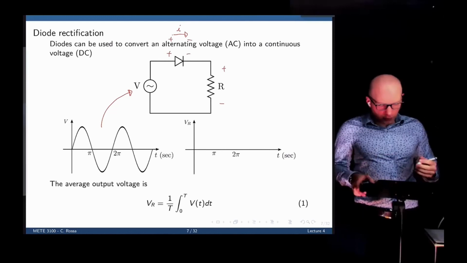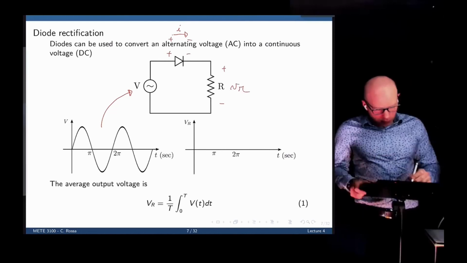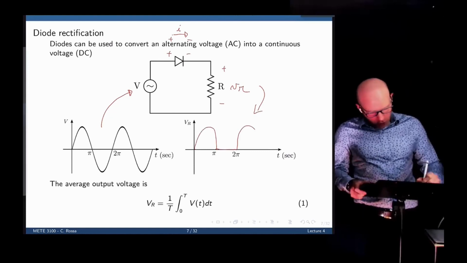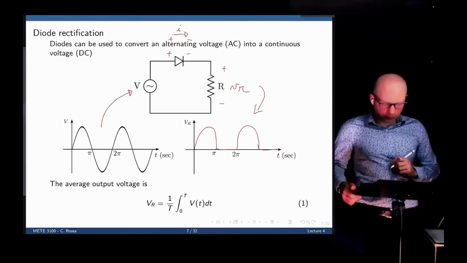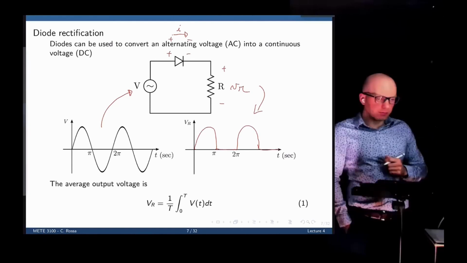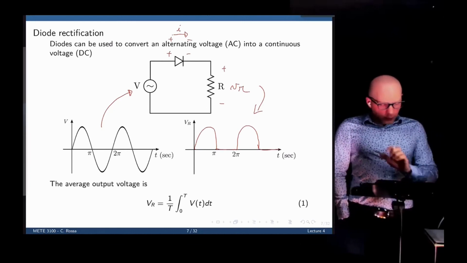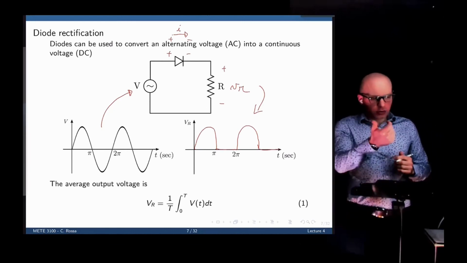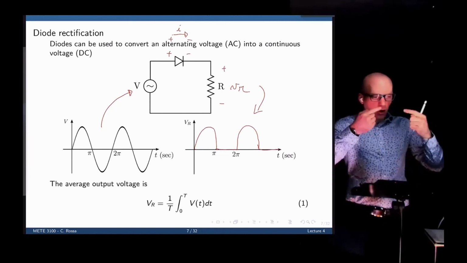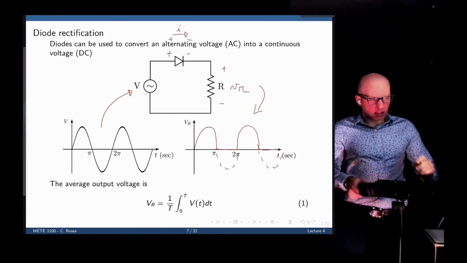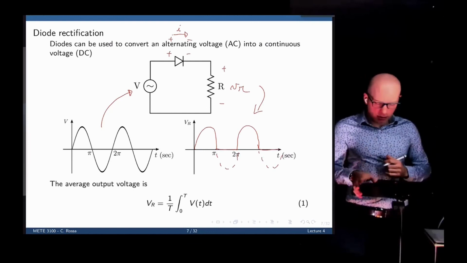So our output that I'm going to plot here would look like this. All negative cycles are 0. If we reverse the diode orientation, then all negative cycles would show up in the output and the positive cycles would be 0.